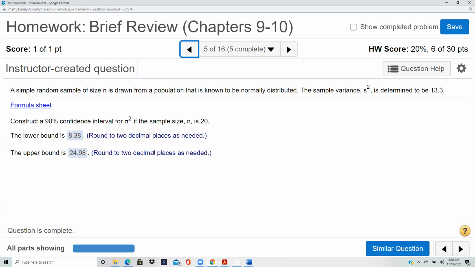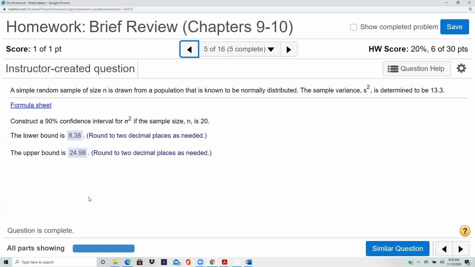But here the confidence interval that we get by using variance stats is always for variance. So if you are using it to get it for standard deviation, then remember that standard deviation is the square root of variance.